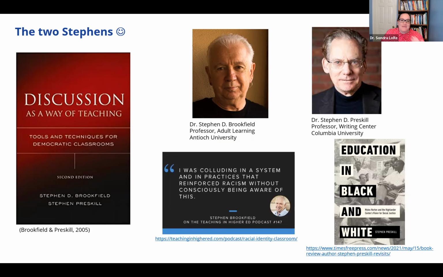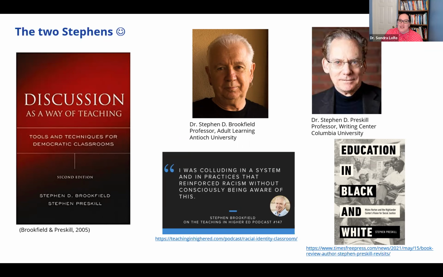And then I shared something from Steven Pressfield that appeared in the Chattanooga newspaper. It was a book review of his book, Education in Black and White, and it was about his work with his writing center and Highlander Center, the Highlander Center in this area of East Tennessee.